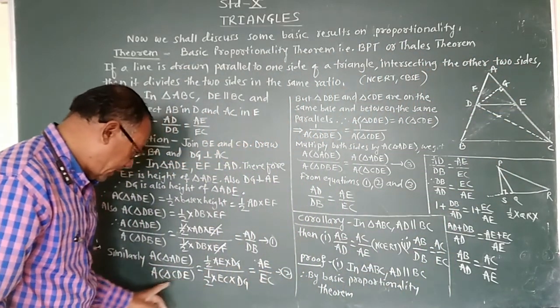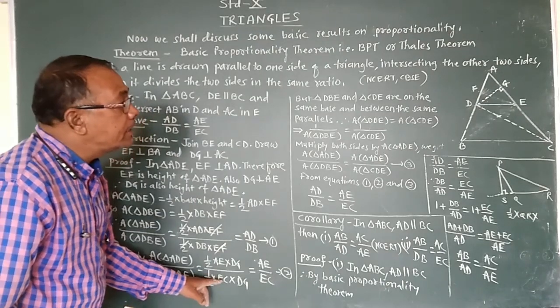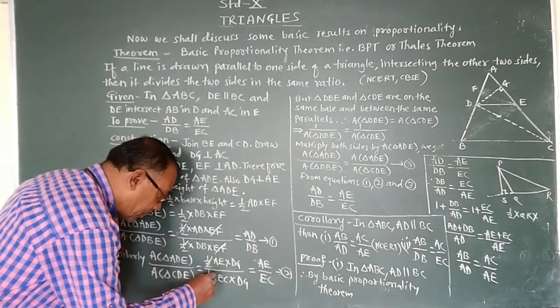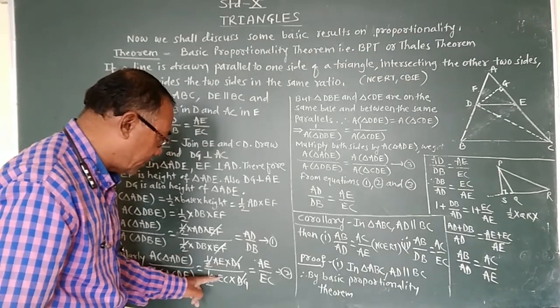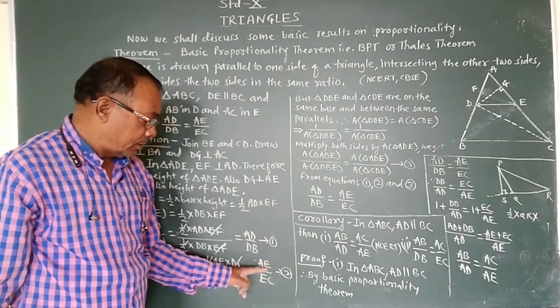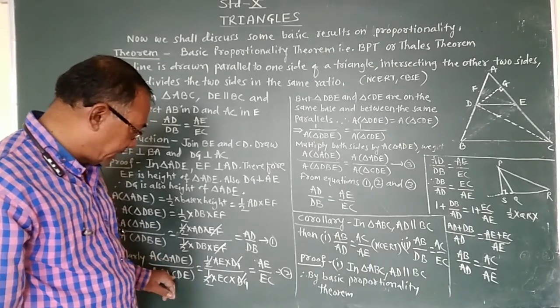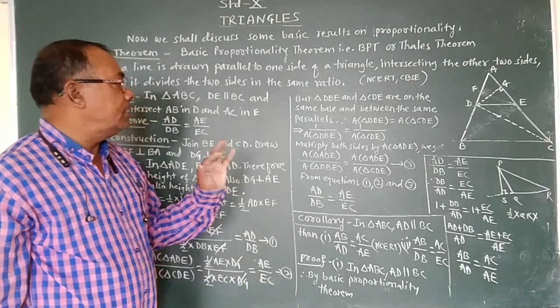So here area triangle CDE is equal to 1/2 into EC into DG. Here 1/2 and DG will get cancelled. We will get AE upon EC. So equation 2 is area triangle ADE upon area triangle CDE is equal to AE upon EC.